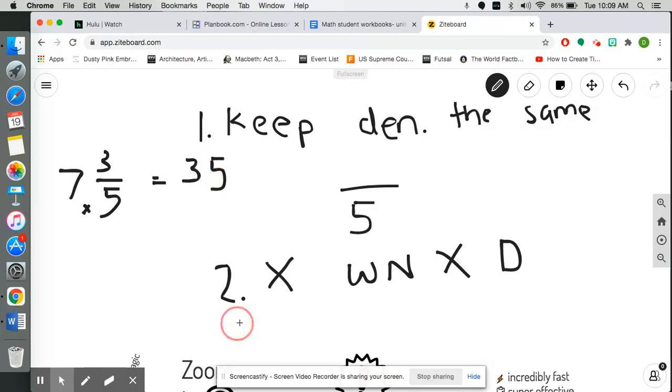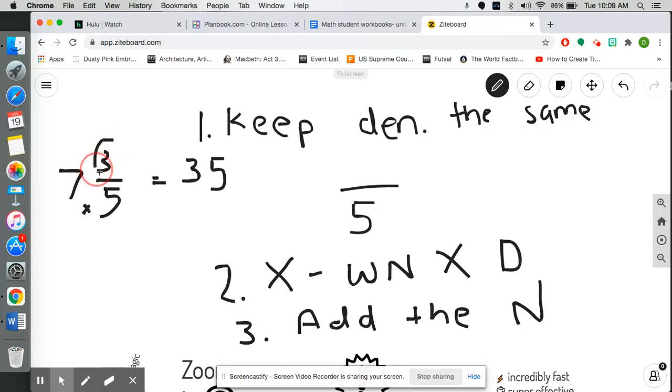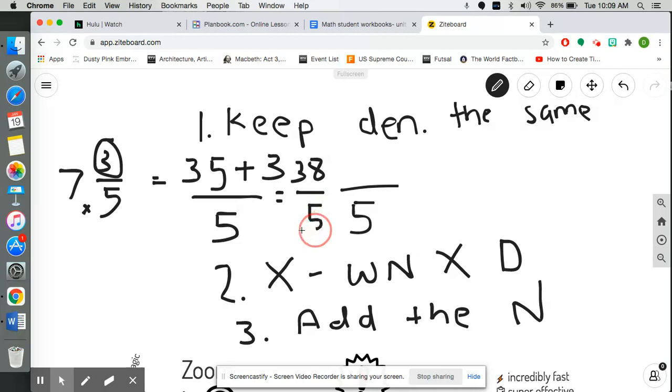And then step number 3, I have to add the numerator. Okay, so I'm going to add the numerator. So I have 35, the numerator is 3, so I'm going to add 3 to that. I'm keeping the denominator the same, so I'm still with fifths, to end up with 38 fifths as my improper fraction. And that is my answer.